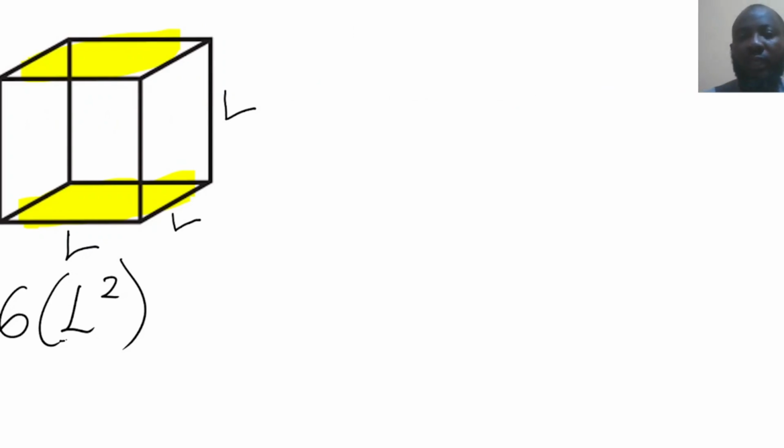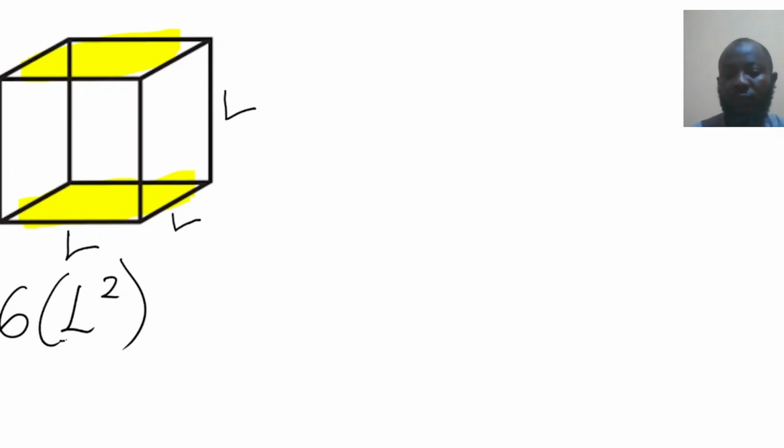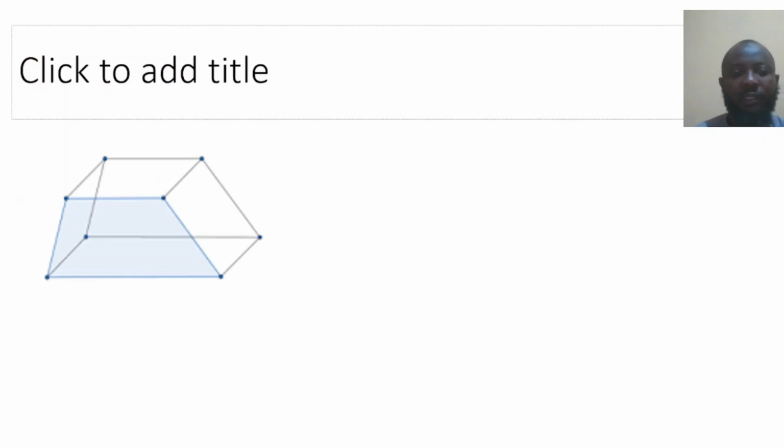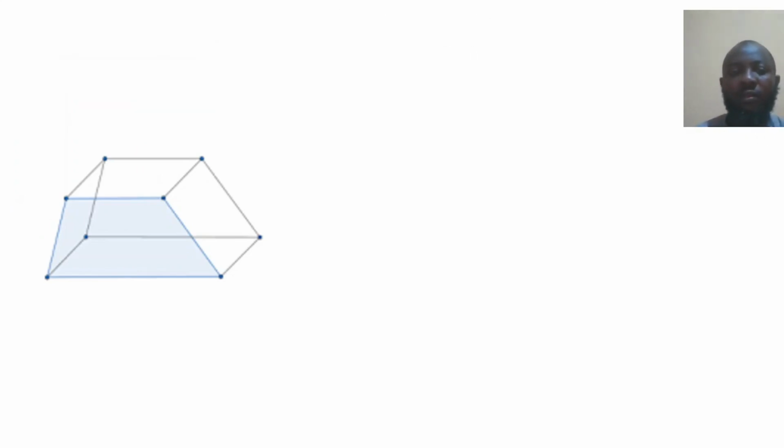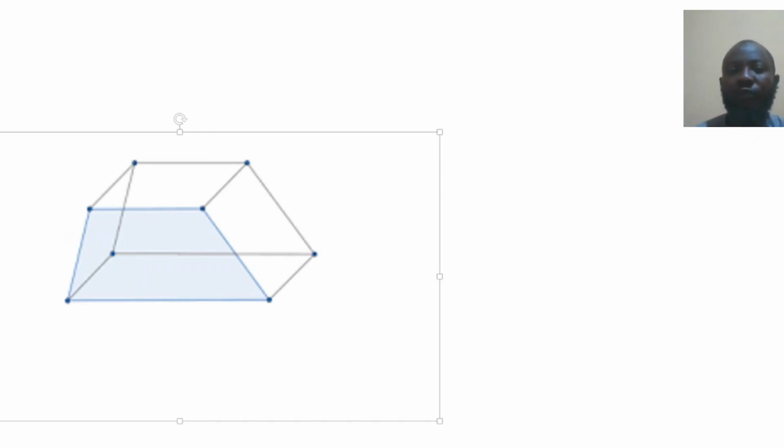So we'll move to the next one. Okay. So the next one here is a trapezoid. If you look at this one, this is in form of a trapezium.